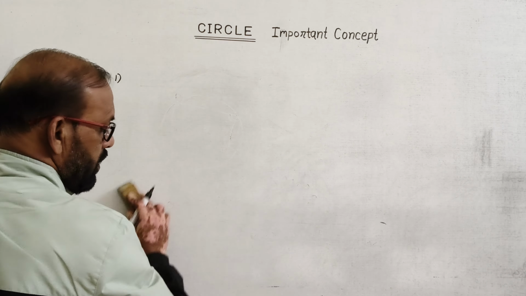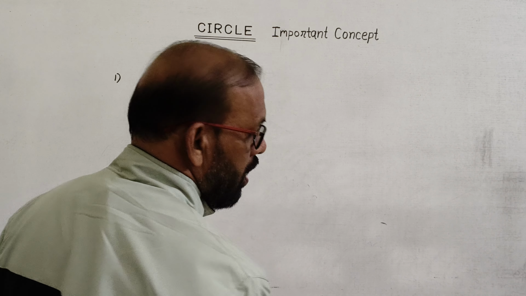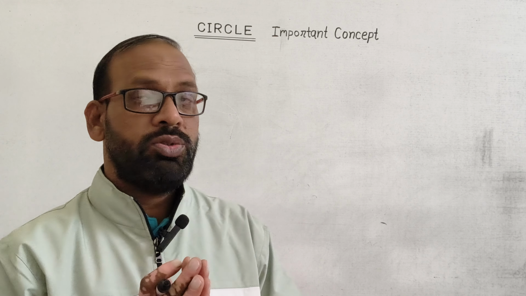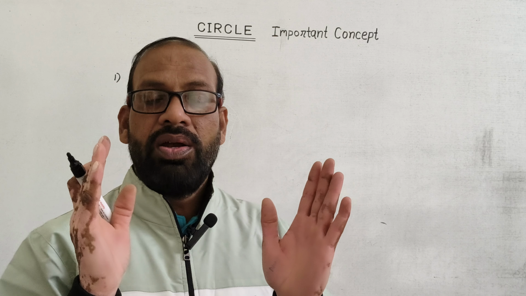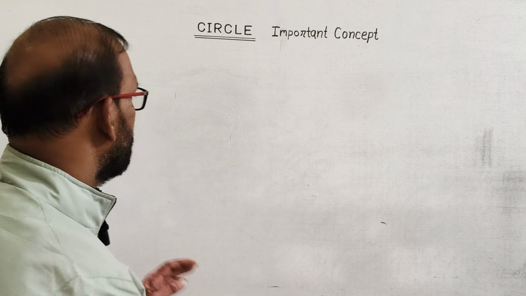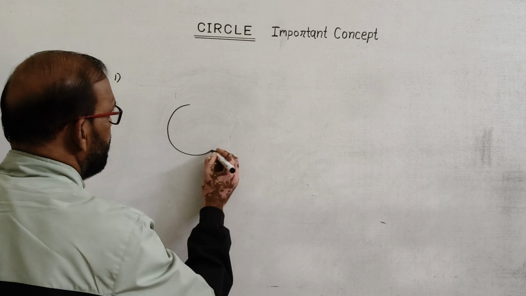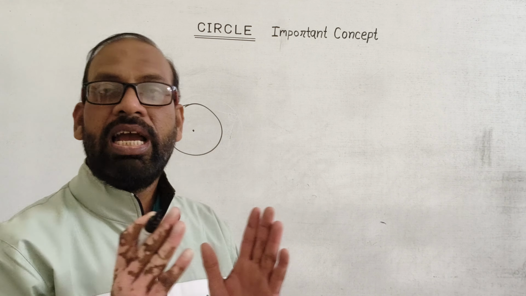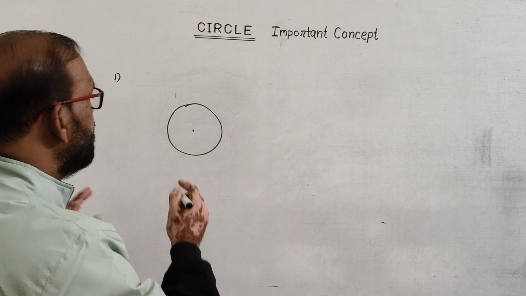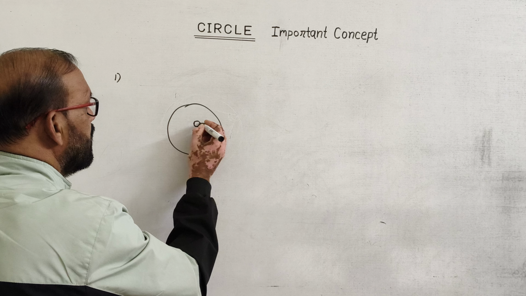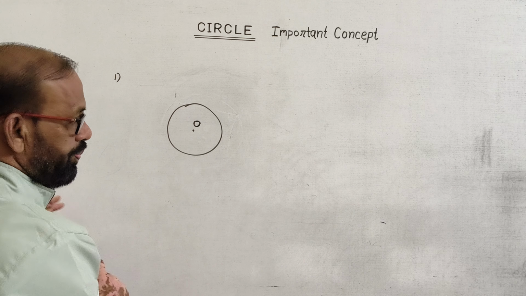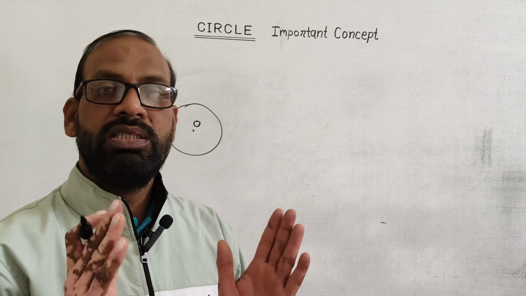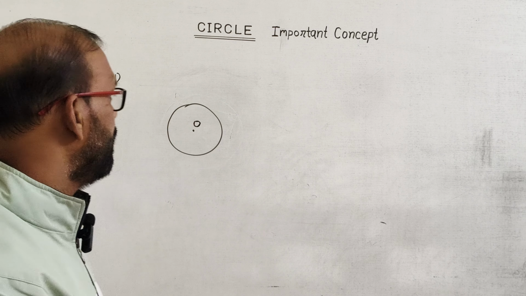Now, suppose there is a question: one circle is there. How many circles can be drawn using the same center O? We will try.